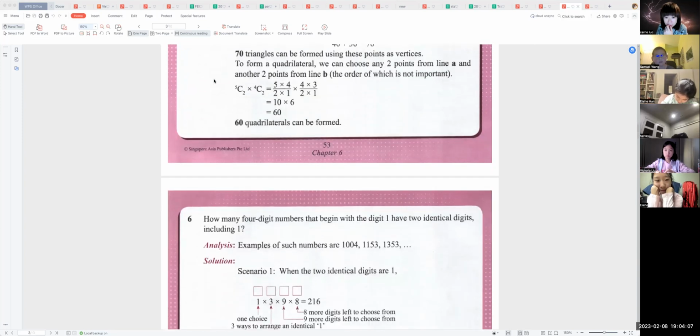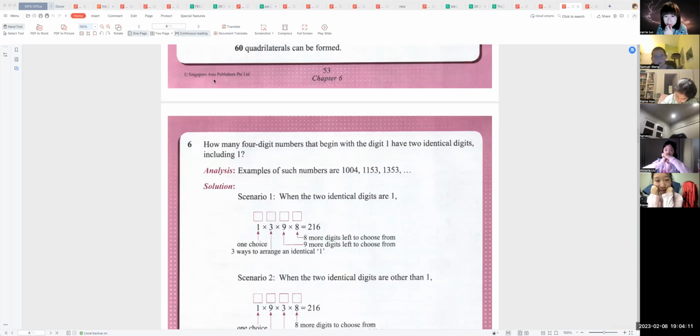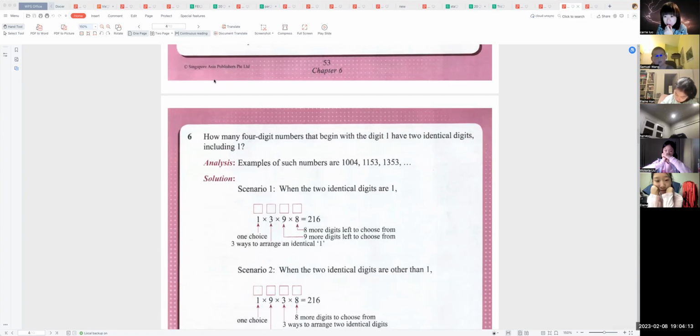Okay, so now let's take a look at this one. How many four-digit numbers that begin with digit one have two identical digits, including one? What does it mean? For example, such numbers are 1004, 1153, and 1353. Understand, everybody?